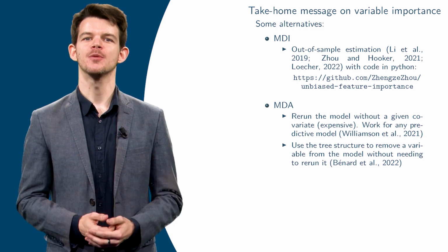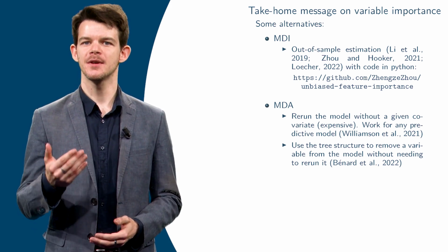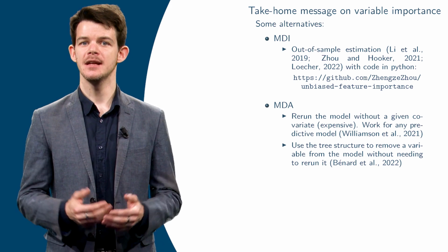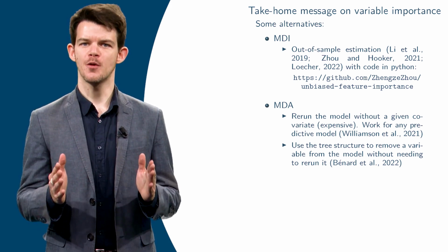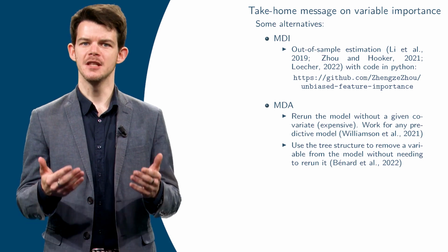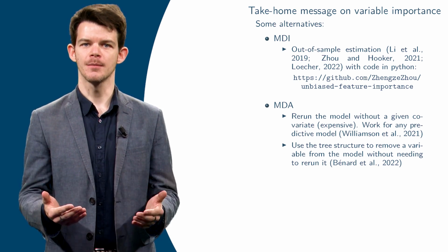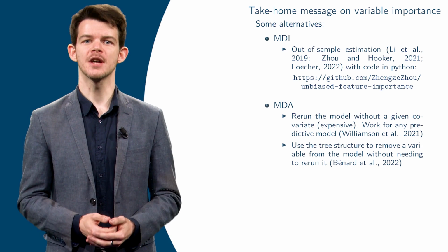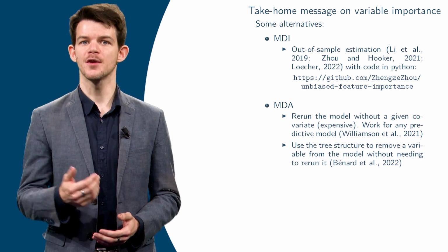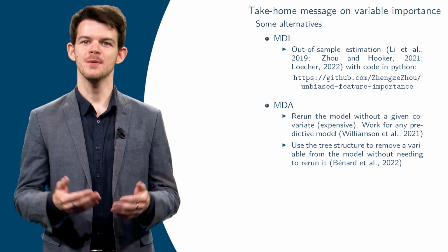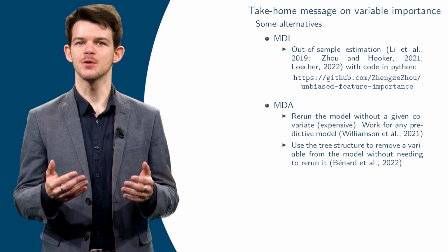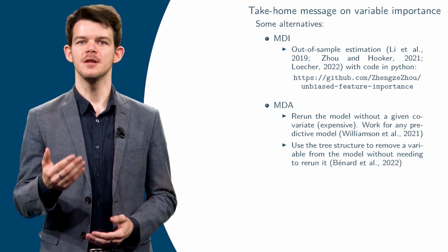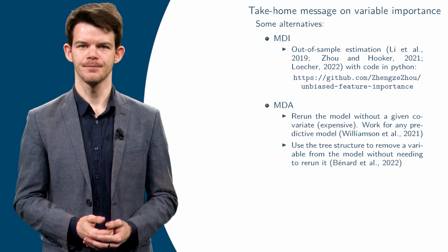In summary, the purpose of variable importance is to better understand how a model's prediction is constructed. However, the real goal is not to understand the random forest, but the real link between the input variables and the output variable, not the link between the input variables and the output of the random forest algorithm. The theoretical results show that MDI and MDA do not identify the true relationships between the input variables and the output variable.